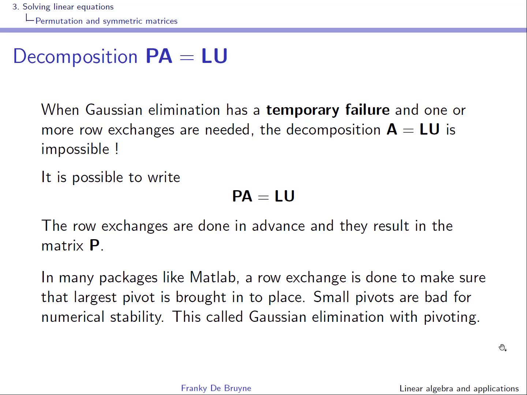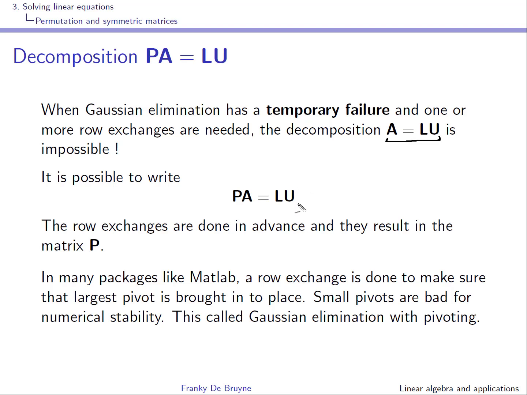When you do Gaussian elimination, sometimes you can have a temporary failure, and the pivot is 0, and you have to do row exchanges to solve the problem. In this case it will not be possible to write a decomposition of A in terms of L and U, because of one or more row exchanges.